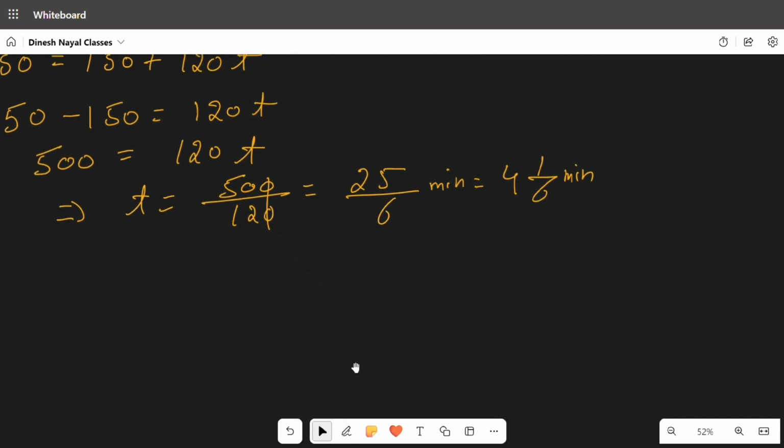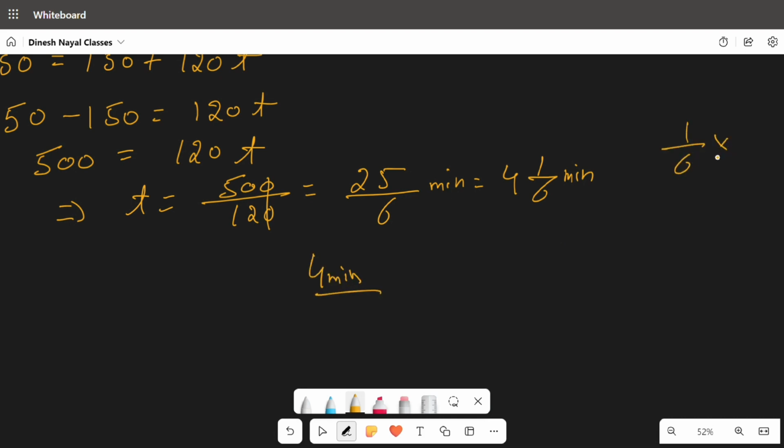So this will be 4 minutes, and 1 by 6 minute will be 1 by 6 into 60, because 1 minute is 60 seconds. So this gives 10. So 4 minutes 10 seconds to be precise is the time taken for the height to be 650 meter.